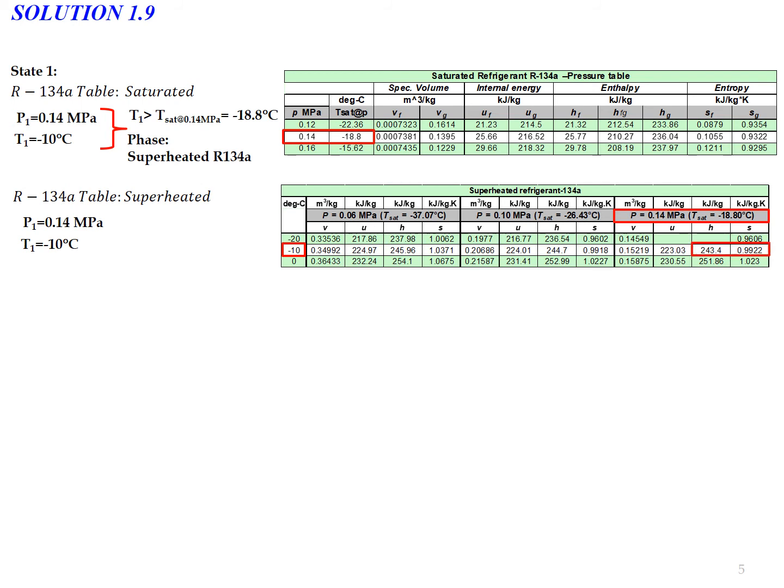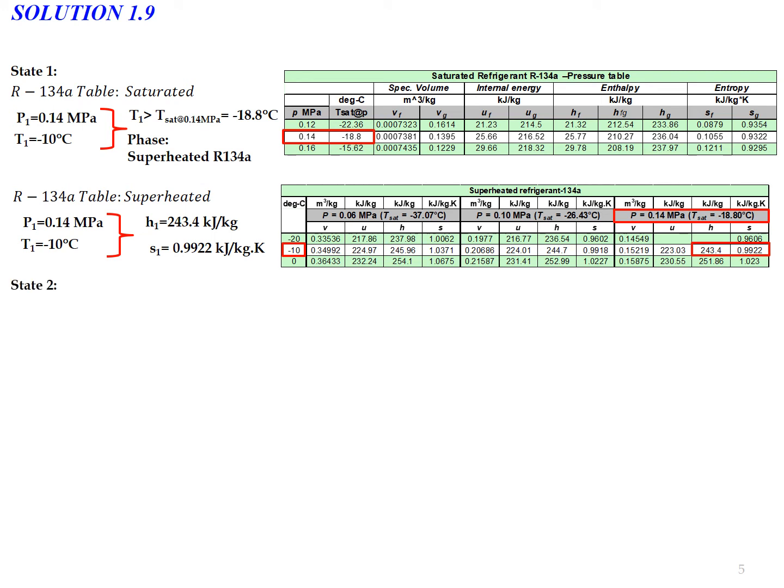Okay, so from this table we can determine H1 and also S1, where H1 equal to 243.4 kJ per kg, S1 equal to 0.9922 kJ per kg Kelvin.